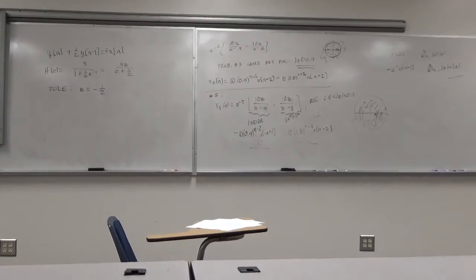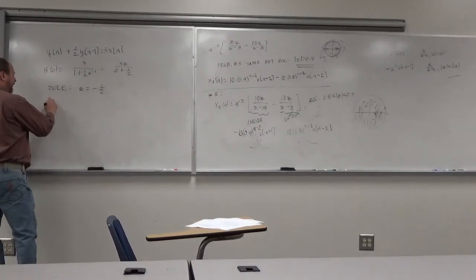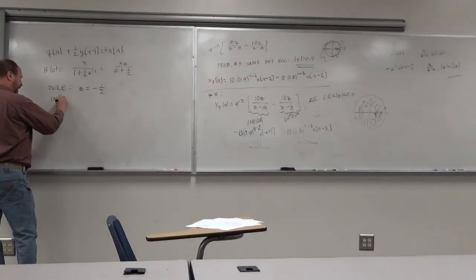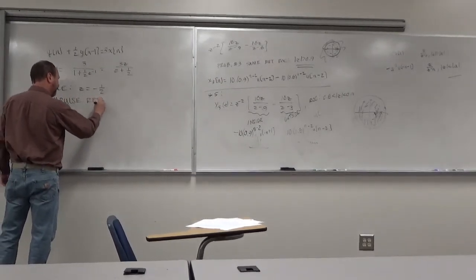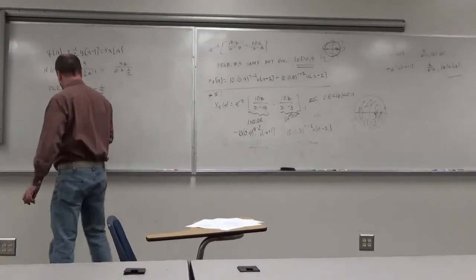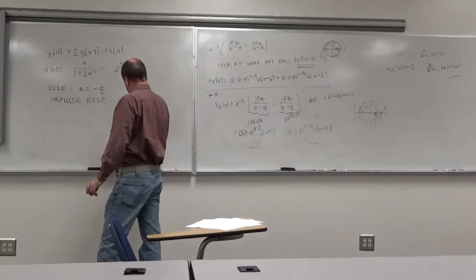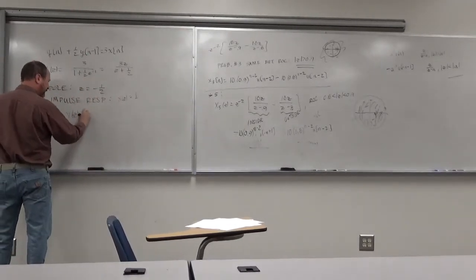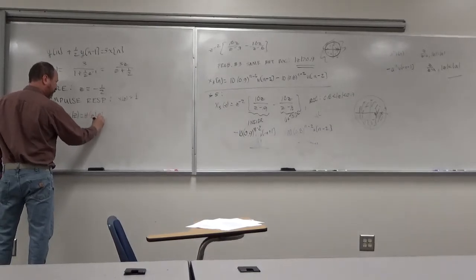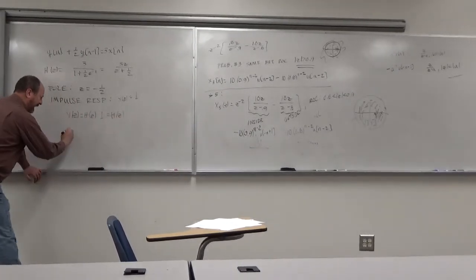Okay, so in this case, if we were to pick an impulse response, then X of z equals 1, and Y of z is just H of z times 1, which is just H of z.